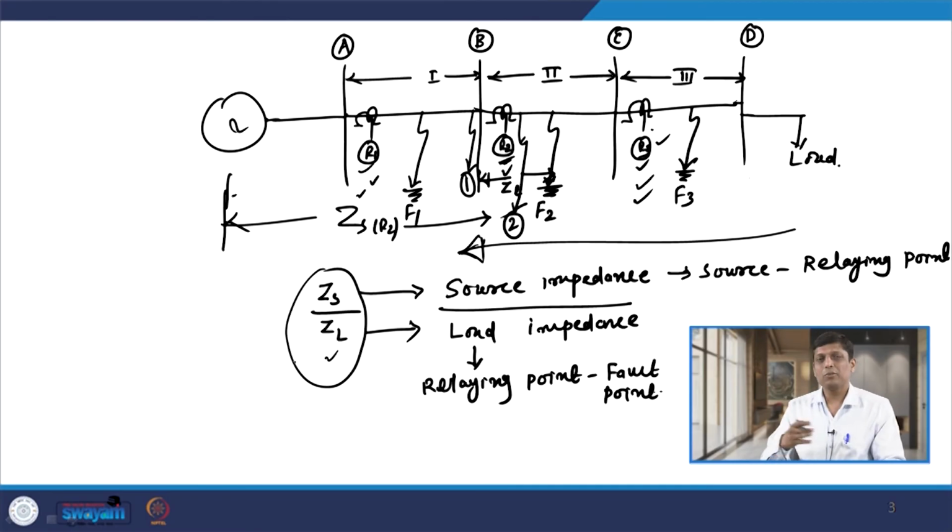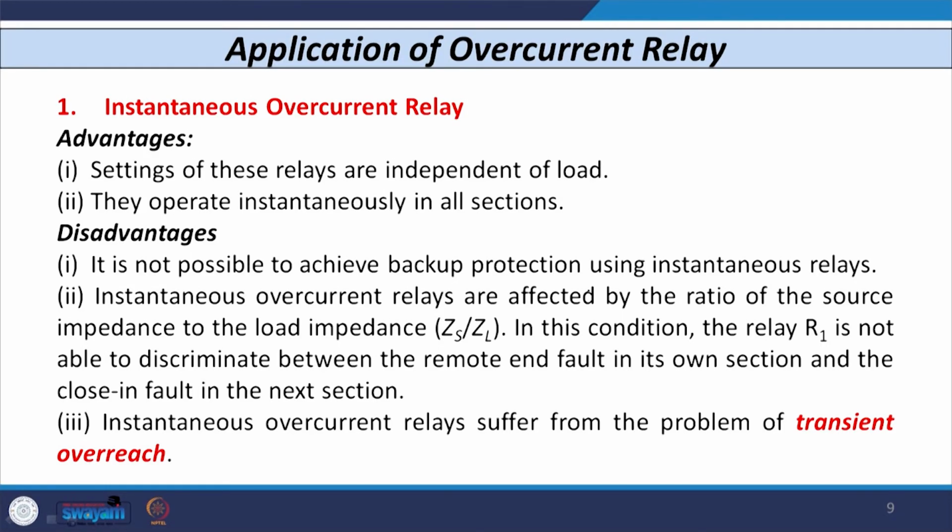So, it is not possible to discriminate between them. This is one of the biggest disadvantages of instantaneous overcurrent relays, that they are affected by the source impedance to load impedance ratio.